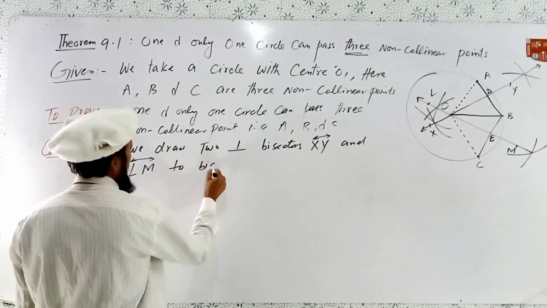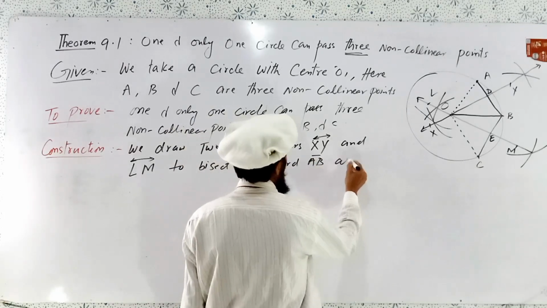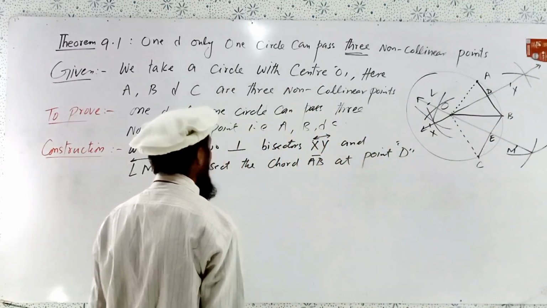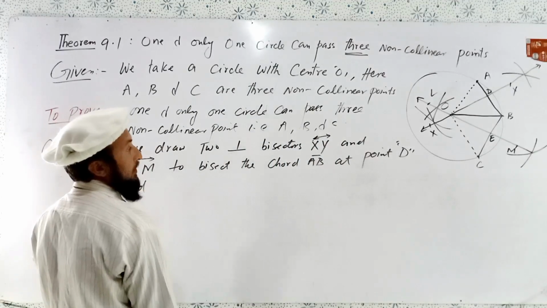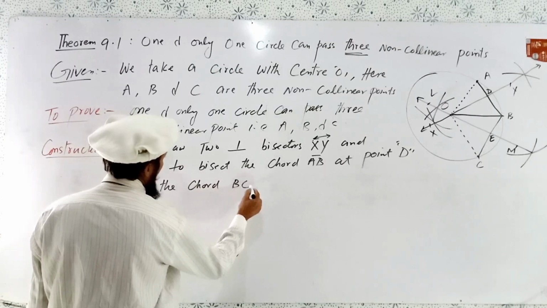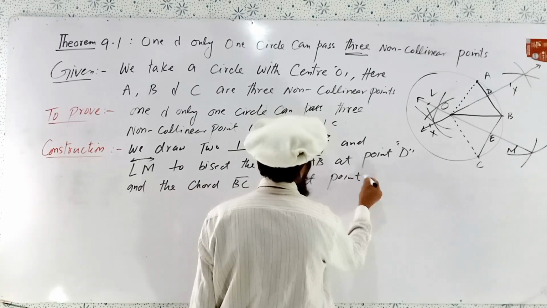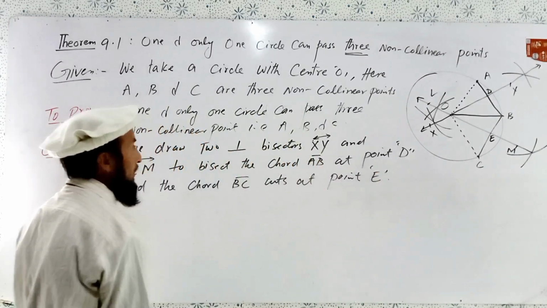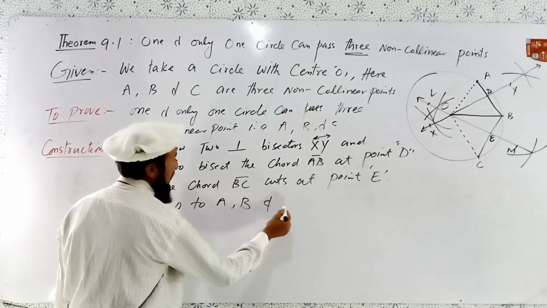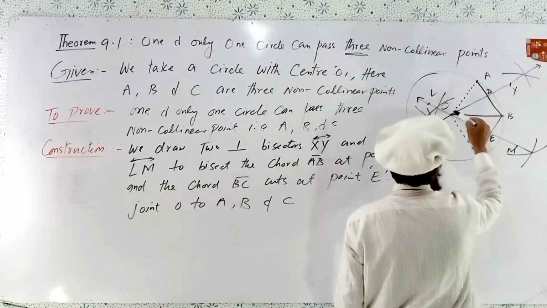We draw two perpendicular bisectors XY and LM to bisect the chord AB at point D. Here AB is the chord of the circle, and similarly the chord BC intersects at point E. Join O to A, B and C. We get two triangles here, OAD and OBD.